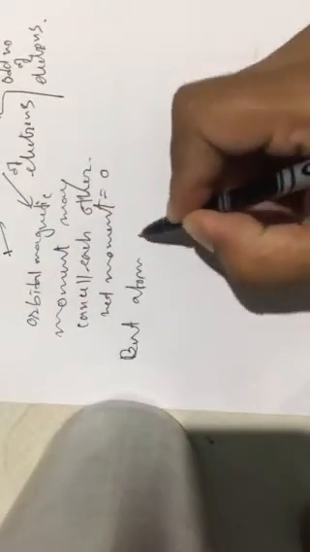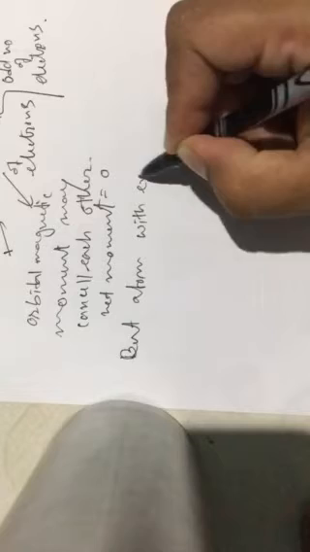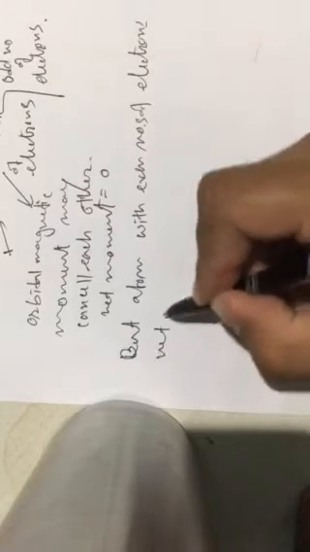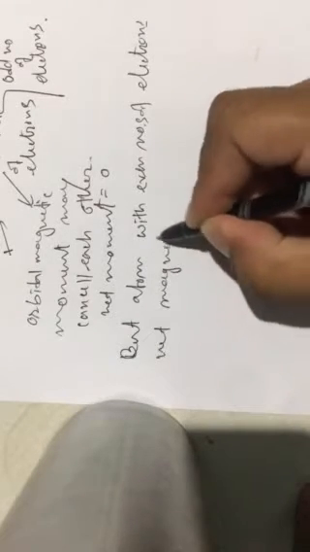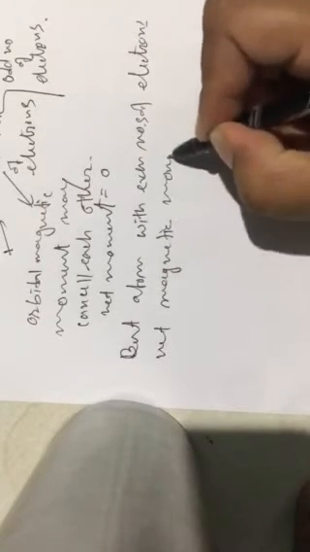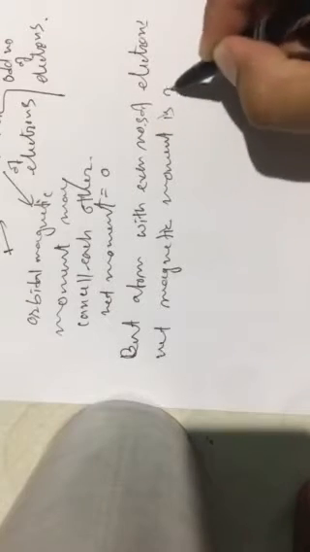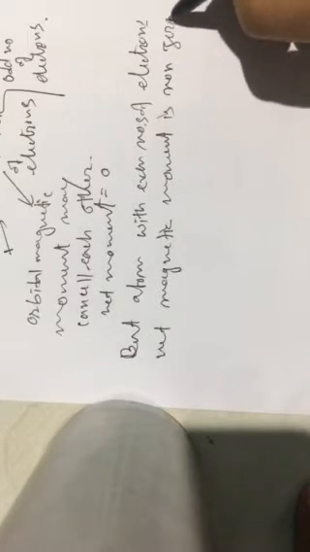So in case of an even number, net moment equal to 0, but an atom with an odd number of electrons, the net magnetic moment is non-zero, right? So there will be a net magnetic moment.